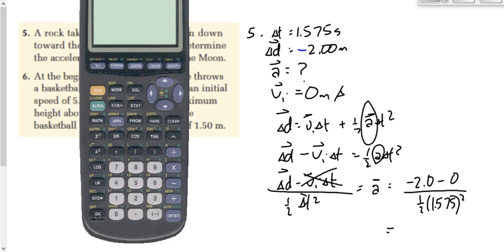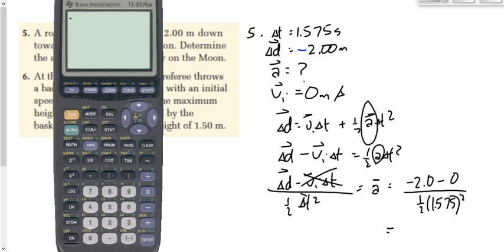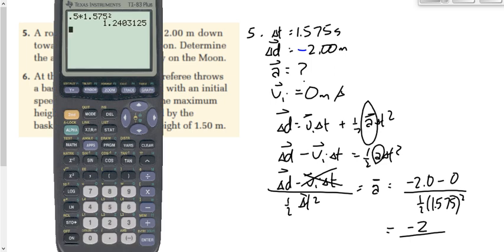Okay, let's say on the bottom, let's say 0.5 times 1.575 squared. Don't try to do anything with the top, just what's on the bottom. So there's my number for the bottom, 1.2403. So I've got negative 2 over, what did I say that was? 1.2403.